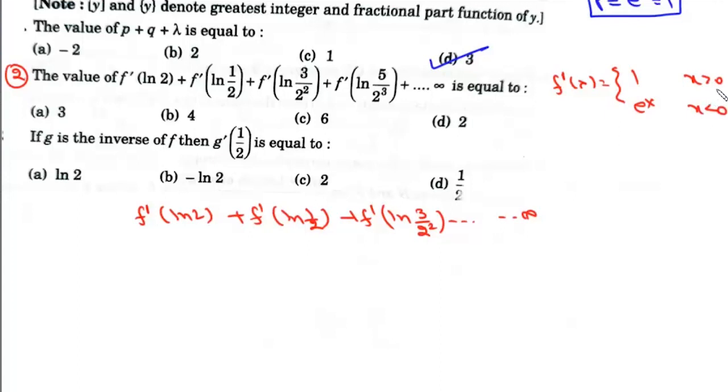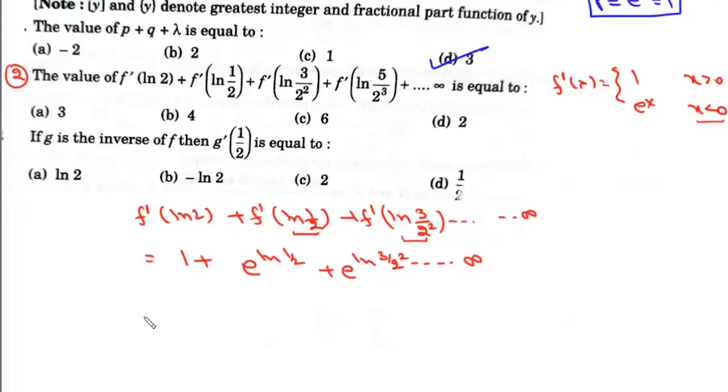At log 2, this value is positive, so this is 1 plus, and for all these, log 1 by 2, log 3 upon 2 square, log 5 upon 2 cube, x is less than 0. So for all these, it will be e to the power x: e to the power log 1 by 2, e to the power log 3 upon 2 square, up to infinity.